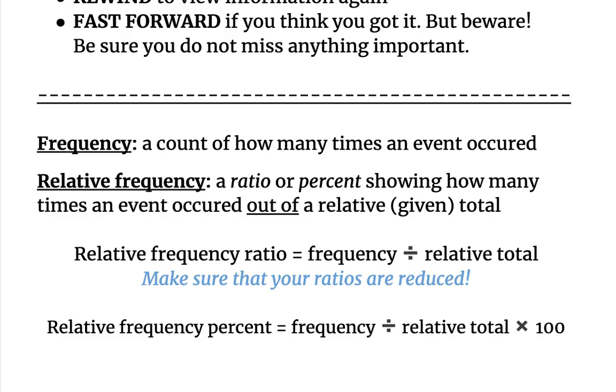So you have to read the problem carefully. The relative frequency ratio is just the frequency divided by that relative total. Relative frequency percent is going to be the frequency divided by relative total multiplied by 100 to get it to a percent. If you don't have this in your notebook, make sure you have that and have it handy so that you can look at it while you're working on these problems.